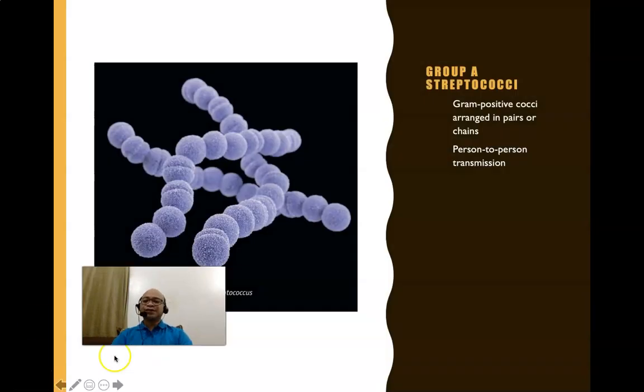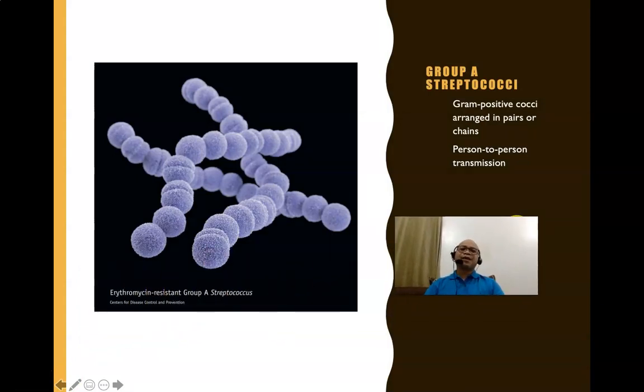Okay, so let us discuss what are the most common serological tests that we are using for the detection of bacterial infection. So we have here the group A streptococci.